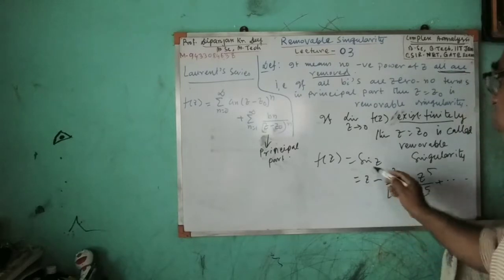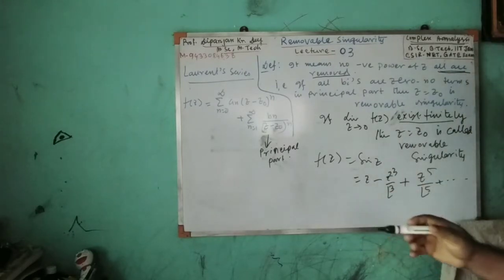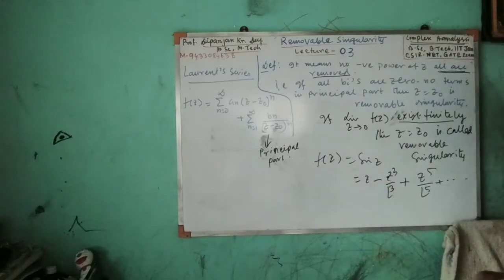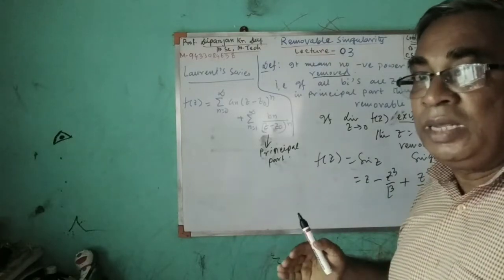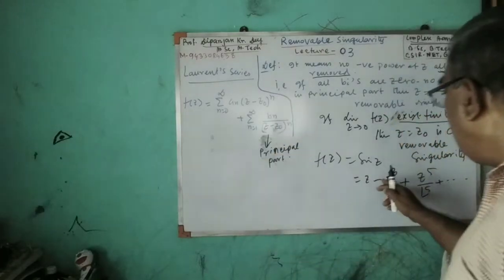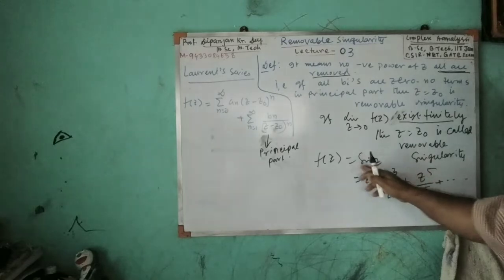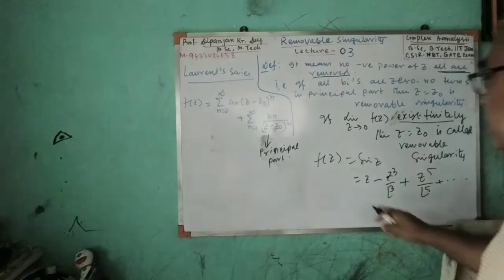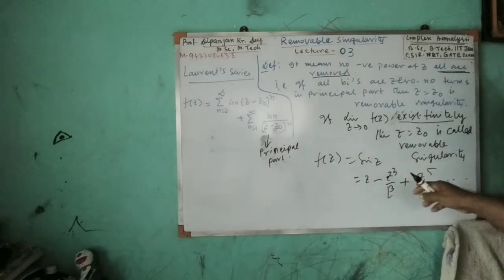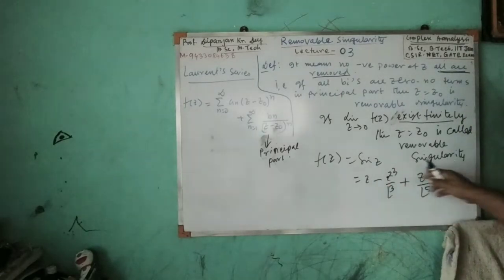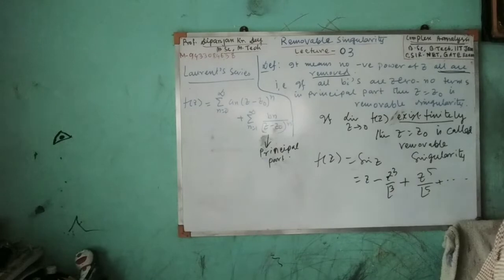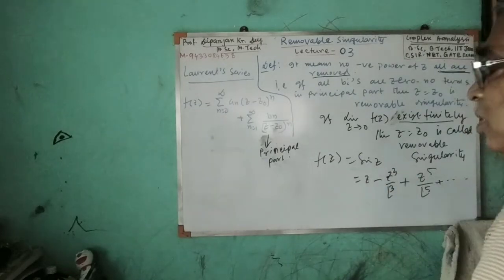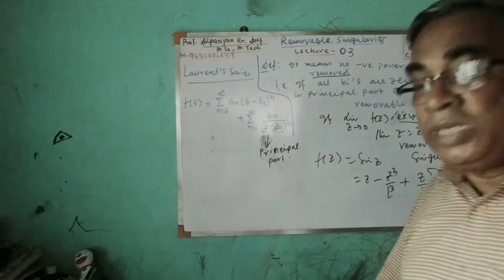So f(z) equal to sin z is always a removable singularity, since there is no negative power of z when sin z is expanded in series. So sin z is known as a removable singularity.